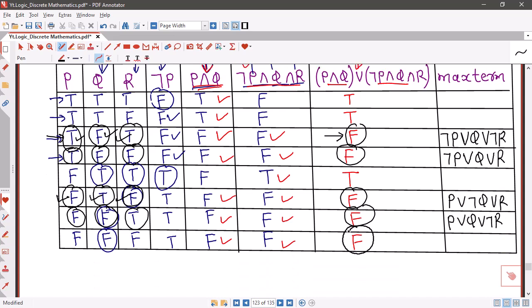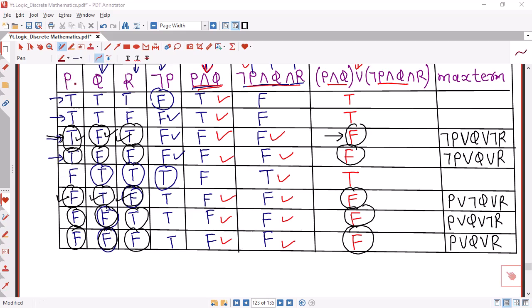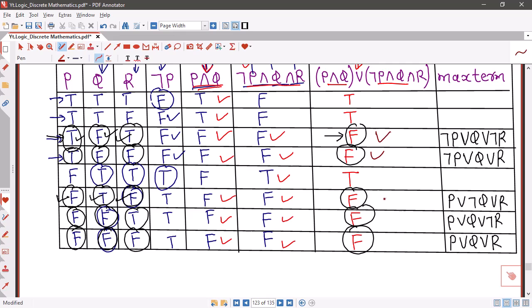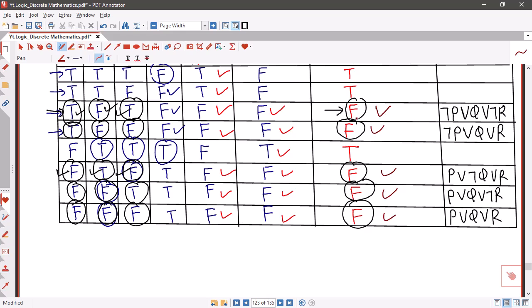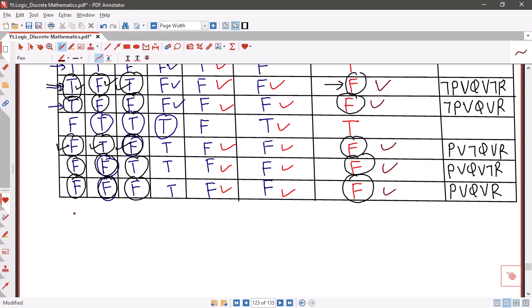In the next step, we can observe that corresponding truth values of P, Q and R are false, therefore we write them as it is, P or Q or R. So the number of max terms will be equal to the number of false truth values of a given formula, and here I have false truth values are 5 in number, therefore I have 5 max terms, and therefore the required principal conjunctive normal form is nothing but conjunction of all these 5 max terms.